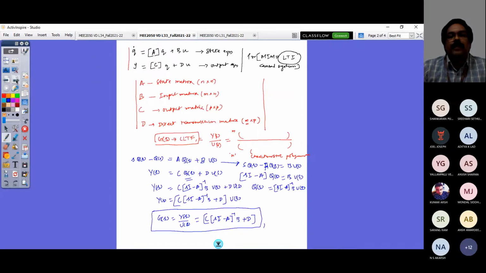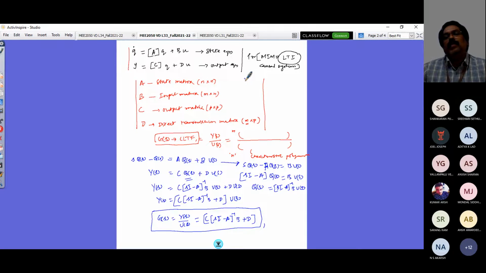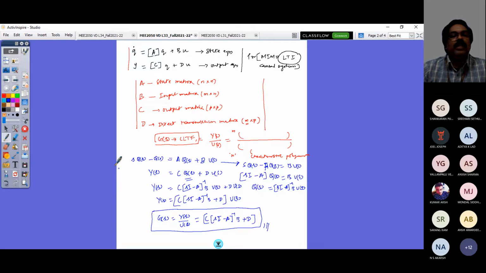And we were also able to write the state equation and output equation for a multiple input, multiple output, linear time invariant causal system, where we defined these A, B, C, D matrices. And these A, B, C, D matrices are quite useful to find your closed loop transfer function by this formula. That is what we witnessed.